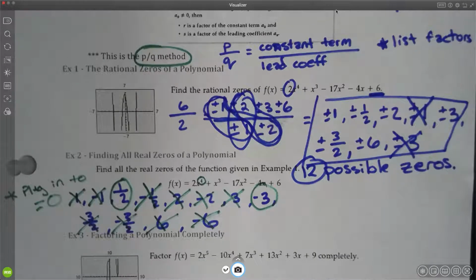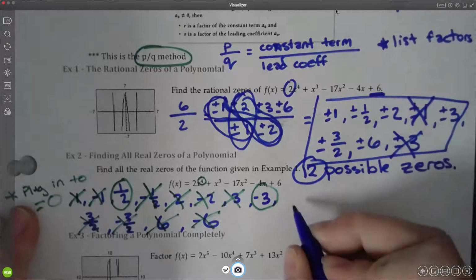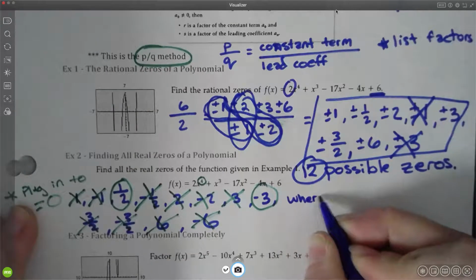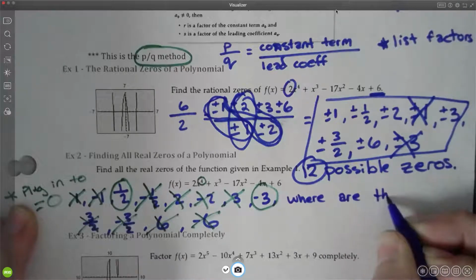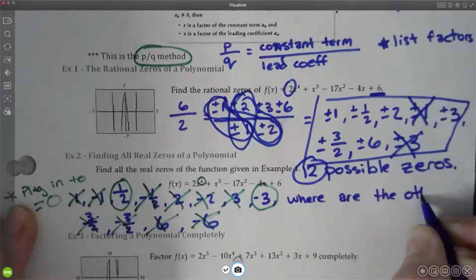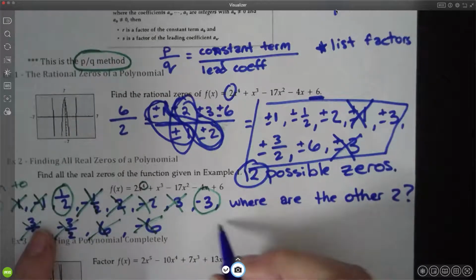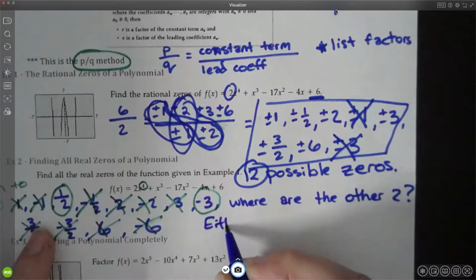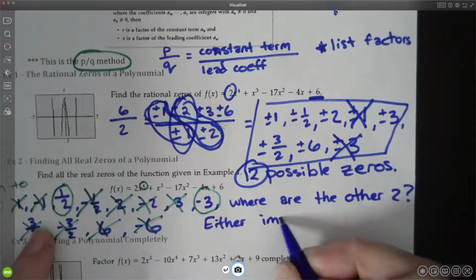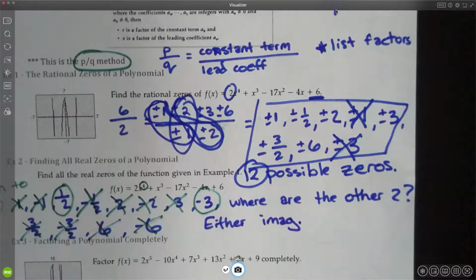So the other 2, we know that there should be 4. Where are the other 2? They are either imaginary, meaning it doesn't touch those 2 places, because x to the 4th power doesn't have to touch 4 places.